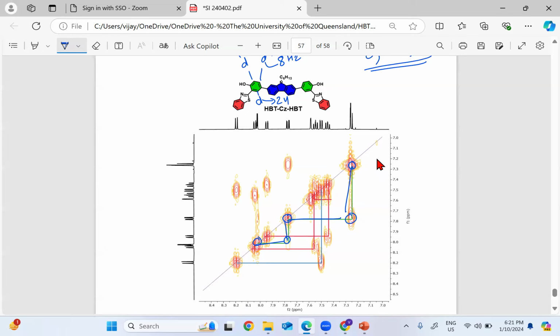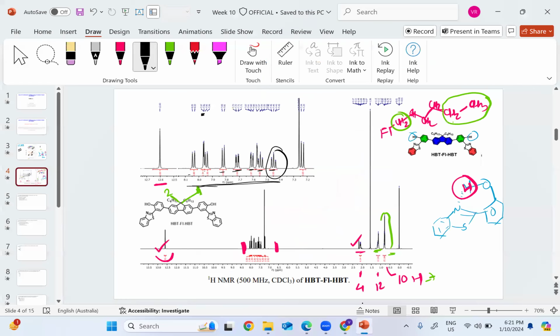So in this COSY NMR, for the adjacent signals, we observe the signal in this manner, and from this signal we can correlate adjacent protons. So this is the example of why 2D NMR spectroscopy is important in the day-to-day life of the chemist. So any doubt in this 2D NMR spectroscopy, whatever topic was covered by the professor in the week 10 videos?